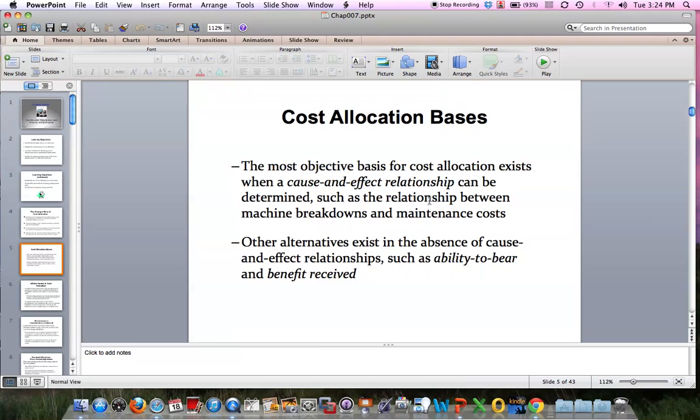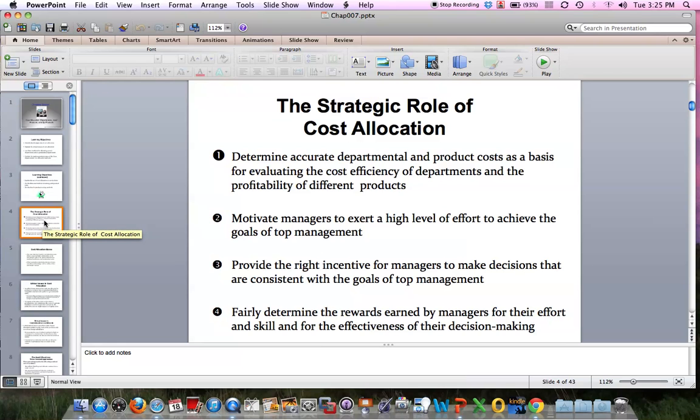Other alternatives exist in the absence of cause and effect relationships, potentially what they call ability to bear. Does one product have more ability to bear allocations than another, or the benefits being received? And we'll talk a little bit more about those also. Some of this cost allocation basis information is on the bottom of 224 and also on the top of 225. And I should also mention that these four goals or roles of cost allocation are on page 224.